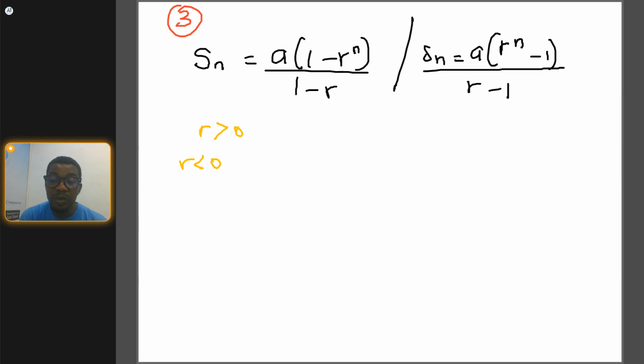So when your ratio is greater than 0, you use the first formula, and when it is less than 0, you use the second formula.